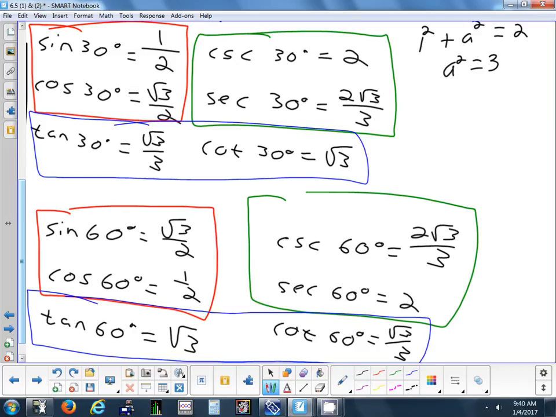The co-functions switch places. Now that only happens when this angle and this angle add up to a certain number. You could probably guess in this case, it's when they add to 90. If you have angles that add to 90, that pattern always happens.